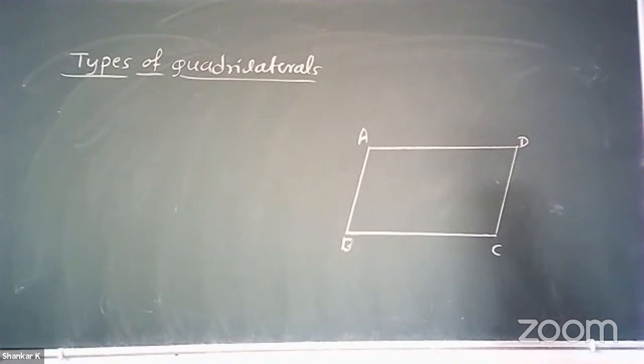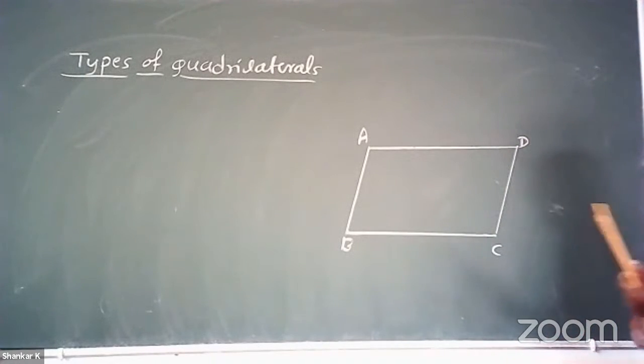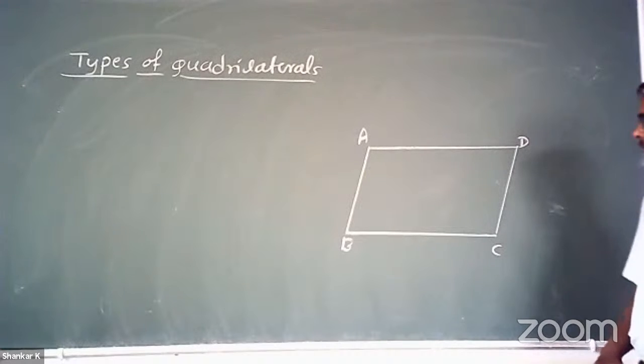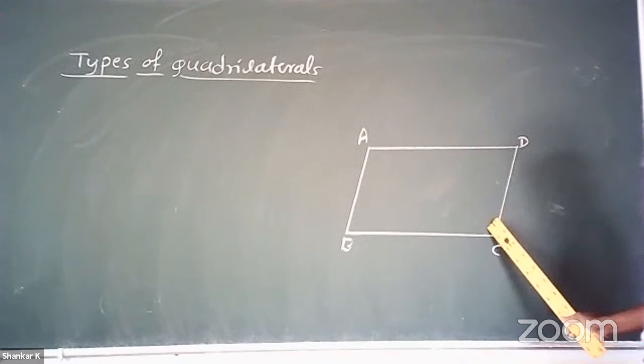Can you tell me? Okay. Can you approximately tell me whether angle B is 90 degrees or angle C is 90 degrees? C. C is 90 degrees?